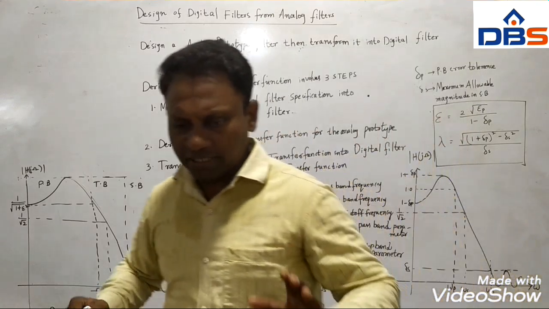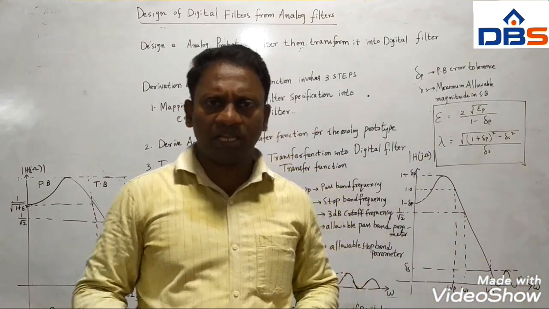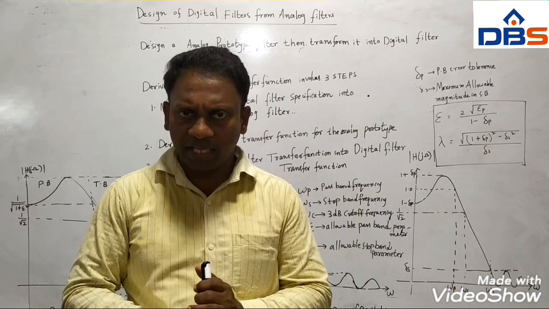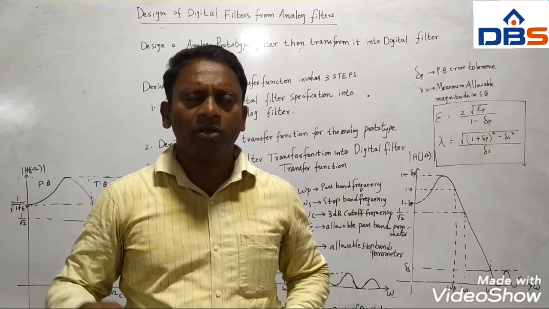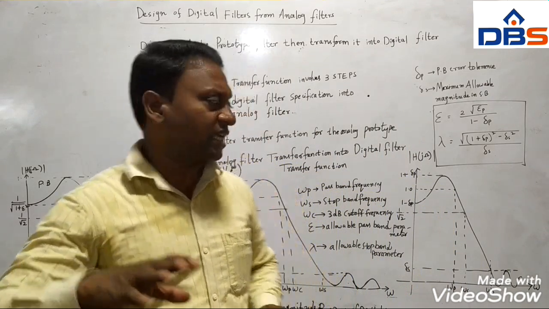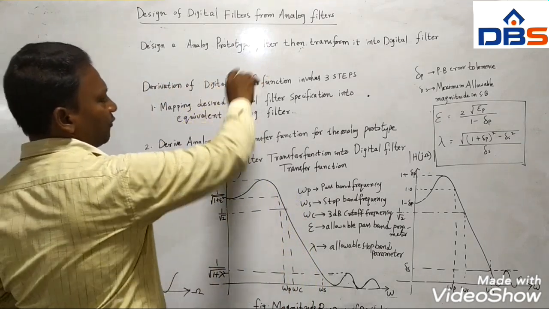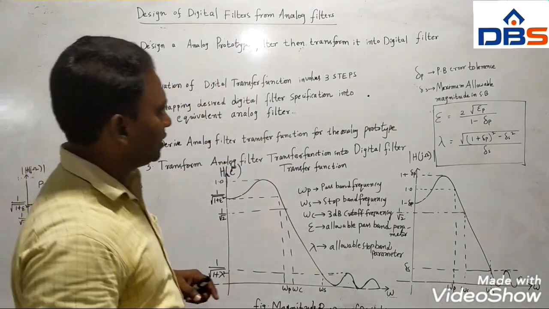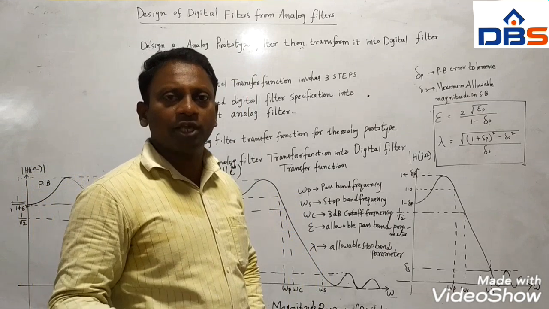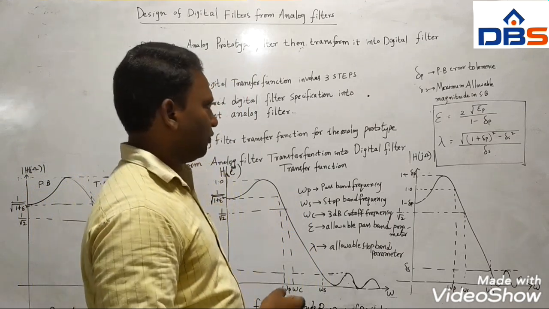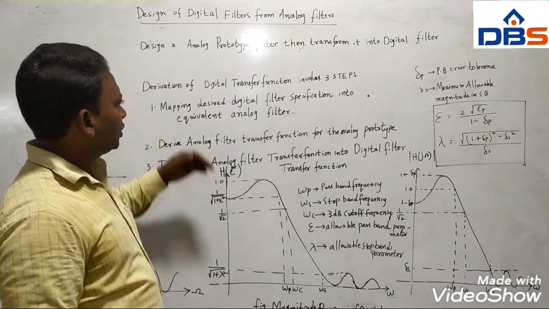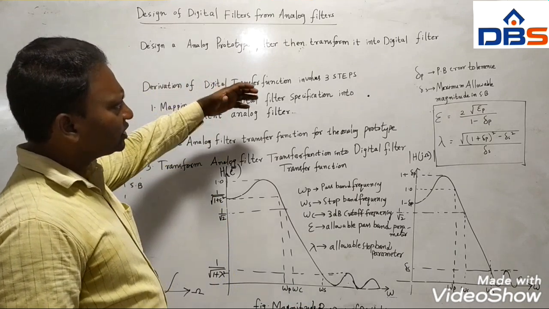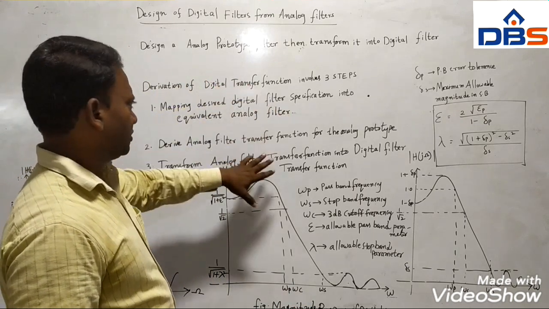Directly we will not design the digital filters for IIR filters especially. First we design the analog prototype filter and then transform that analog prototype filter into a digital filter.